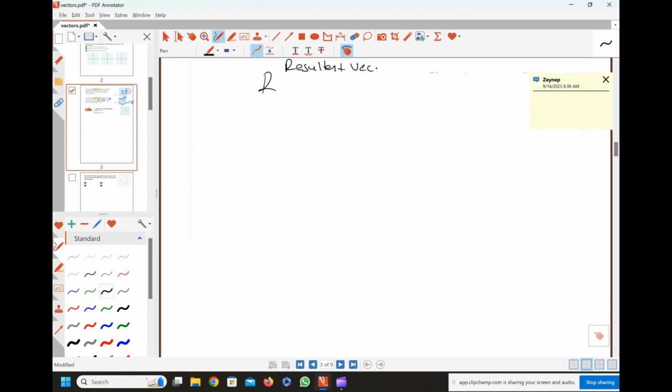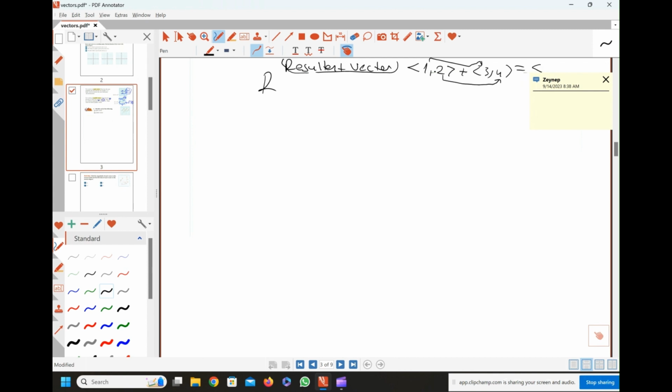Resultant vector. To find the resultant vector, all we have to do is add two vectors. Let's say we are given vector 1, 2, and vector 3, 4. All we have to do is add x's together and y's together to get the sum.